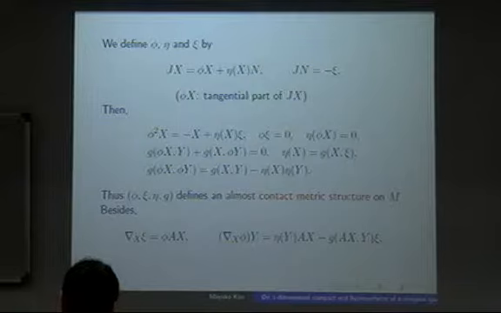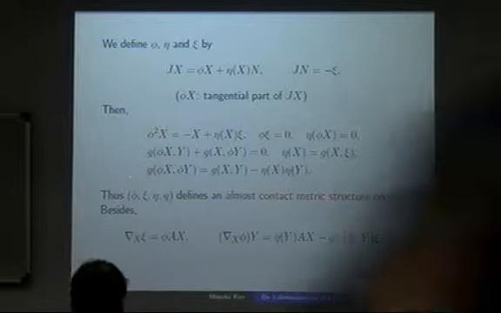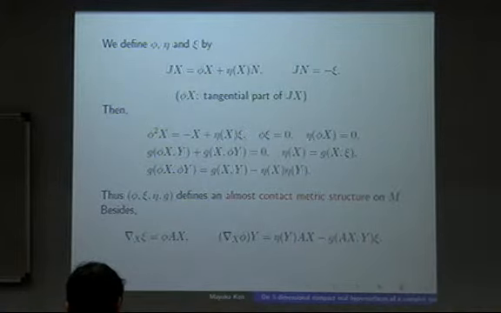Then this triple satisfies the following equations, and it is an almost contact metric structure on the real hypersurface M. Besides, we have these equations with respect to the differentiation of z and phi.